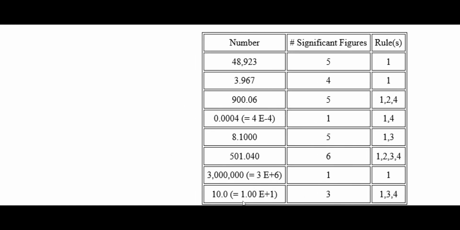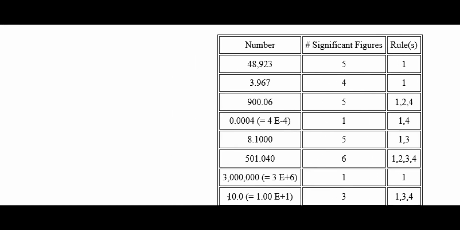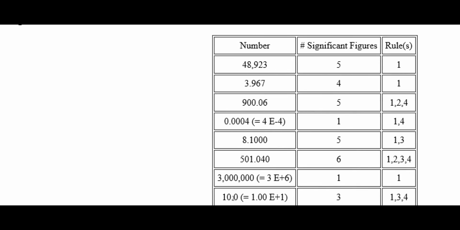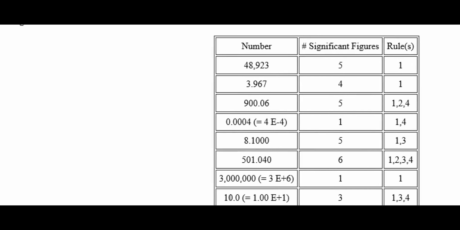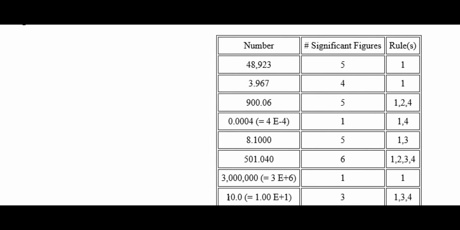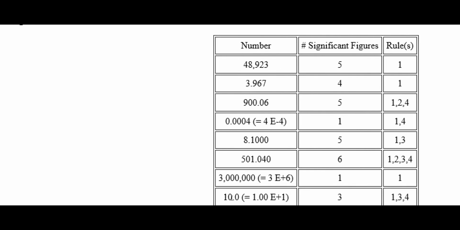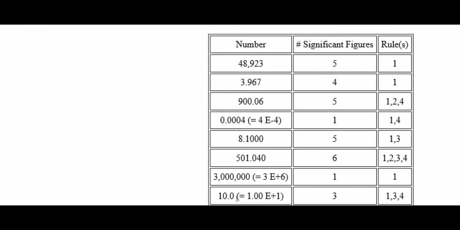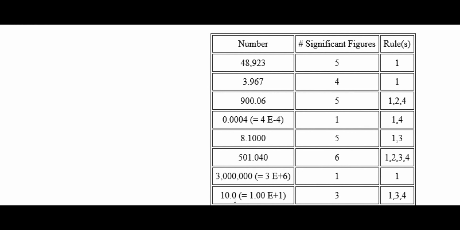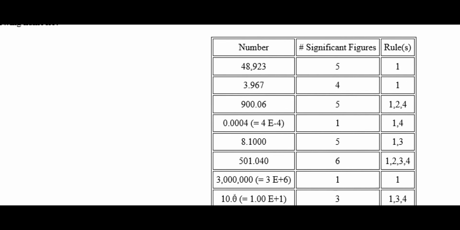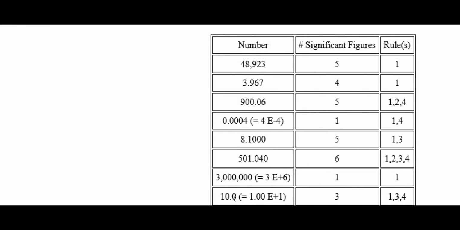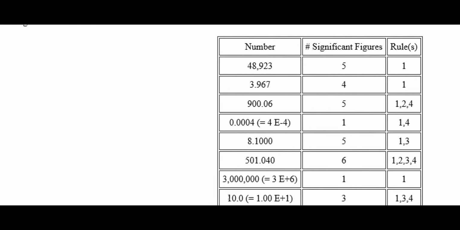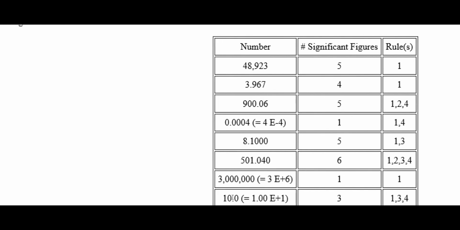If we take a look at 10.0, there's going to be 3 significant digits because the 0 here is significant and the 1 here is significant. So that means the 0 in between is significant. Not to confuse you, let's clear this up. We do know that all zeros after the decimal are significant, no matter what, unless there is no number to the left side of the decimal.